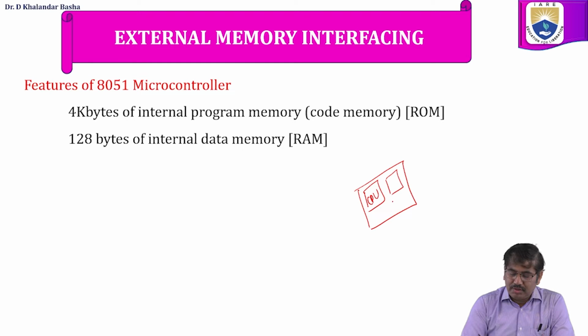So in the 8051 microcontroller, apart from the processor, we have on-chip ROM as well as on-chip RAM, apart from the peripherals. On the chip we have 4K bytes of internal program memory, that is code memory, which you can take as ROM, whereas 128 bytes of memory for storage of internal data, which is RAM.